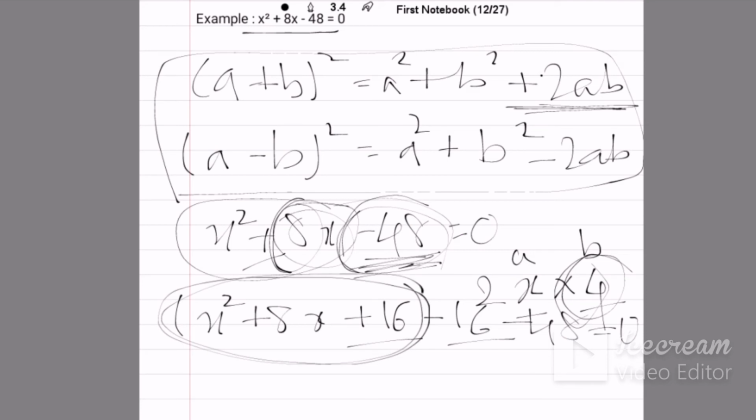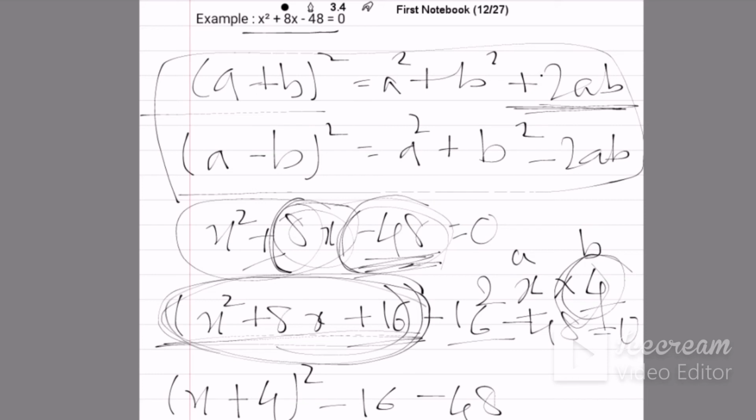Now if we just consider these three terms, we will get x square plus 8x plus 16. Now this is a whole square of, that is formula of (x plus 4) whole square, because if you split this term you will get this thing, right? So I have just converted into (a plus b) whole square form, right? And then we have minus 16 and minus 48, because this 16 we have taken in this thing, right?